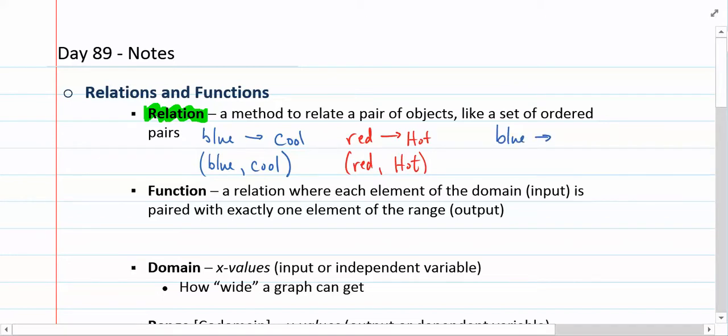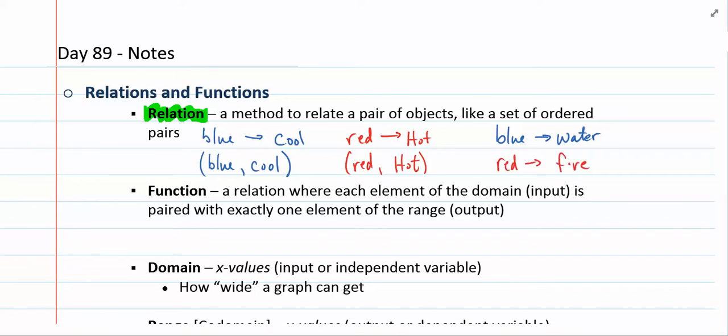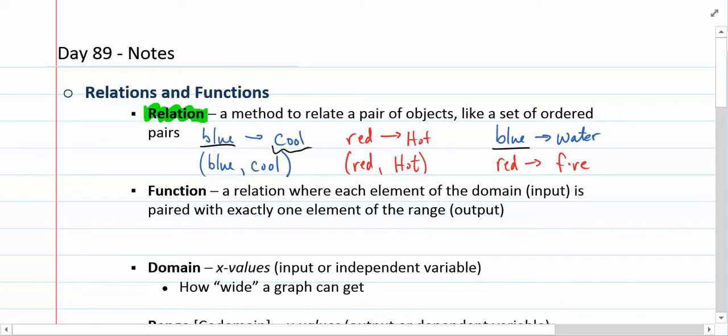For example, blue could represent the word water, because blue and water often go together. And red could go with something like fire. So in either of these cases, what we have is a single word, blue, that's now related to a couple of other words. And red in this case also has been related to other words as well.